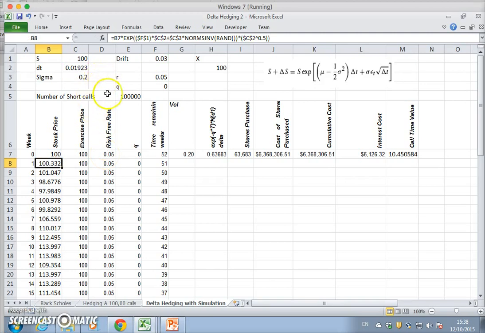Okay, so we could, if we liked, change this value here equal to 0.2, and we'll F4 that, and Black-Scholes assumes constant volatility. And we could also assume that the dividend yield here is equal to this value here, 0, so F4 that. And we could also assume that the risk-free rate here, which is not a constant, is equal to 0.5, which is this value here, and F4 that to lock the cell reference.